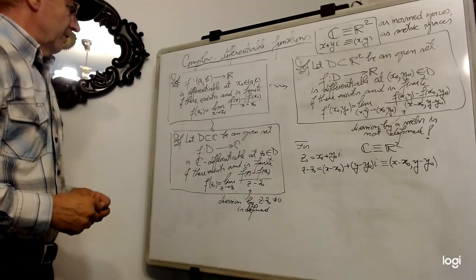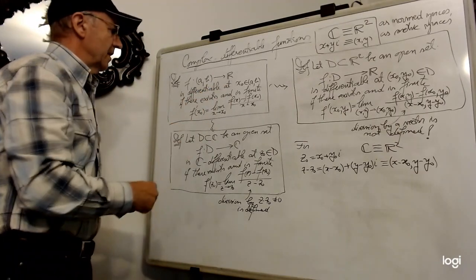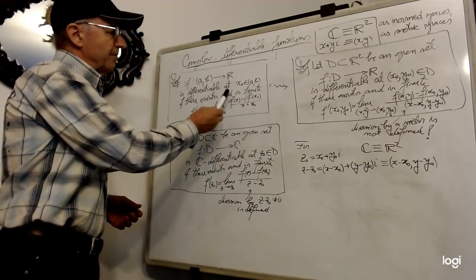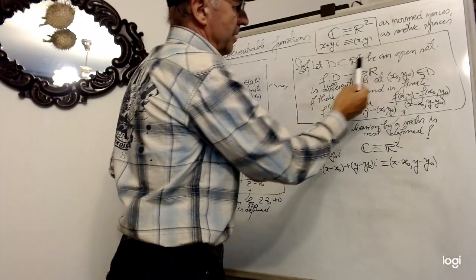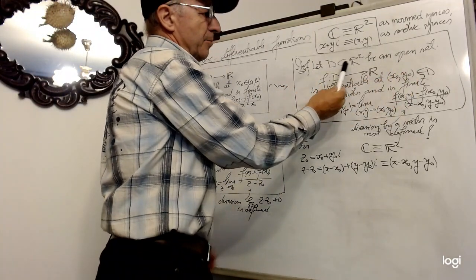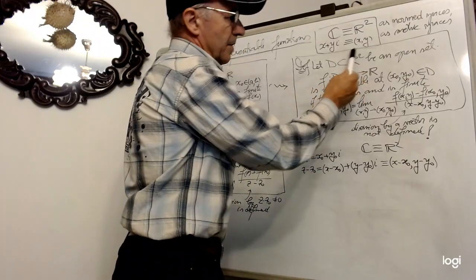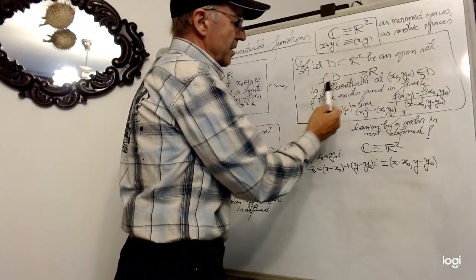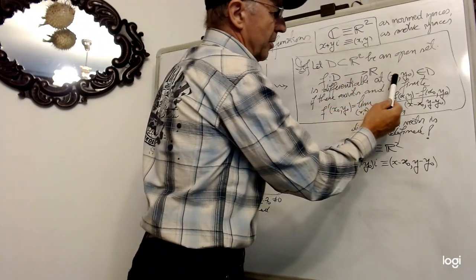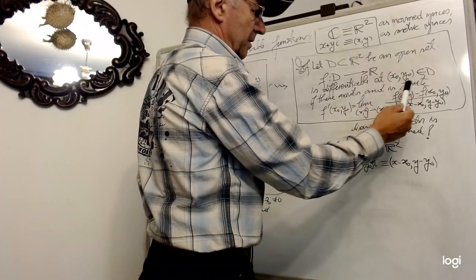Now, if we try to transpose this definition directly to the case of a function of two variables, let D be an open set instead of this interval from this space, then a function defined on D is differentiable at a point of D if the limit exists and is finite.